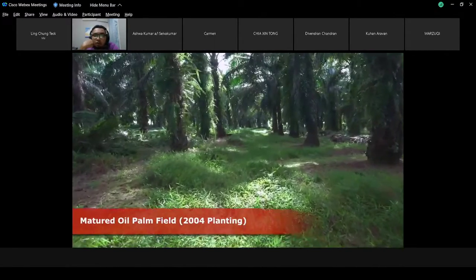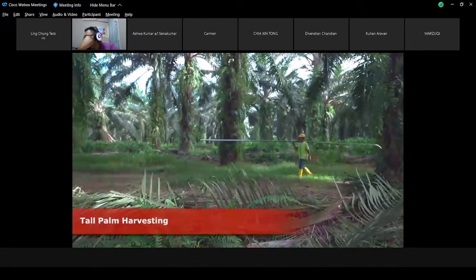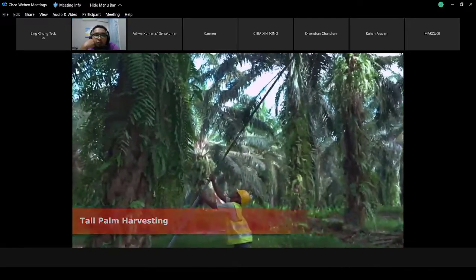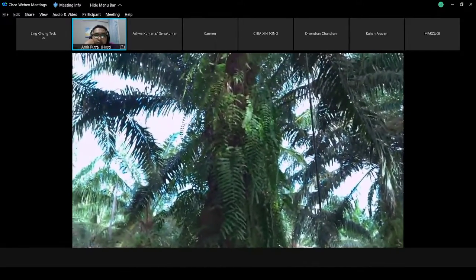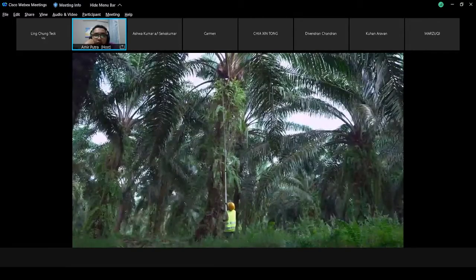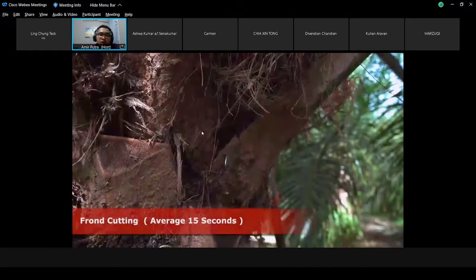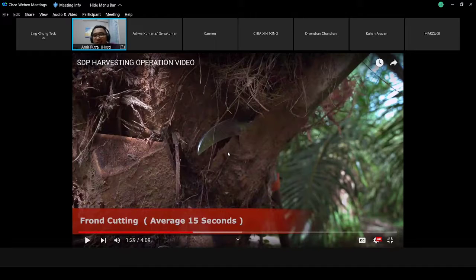Matured palm oil is around 9 years old and above. It can be up to 10 meters. You can see there, that is why they really require so much strength to cut the front cutting. It is around 15 seconds.